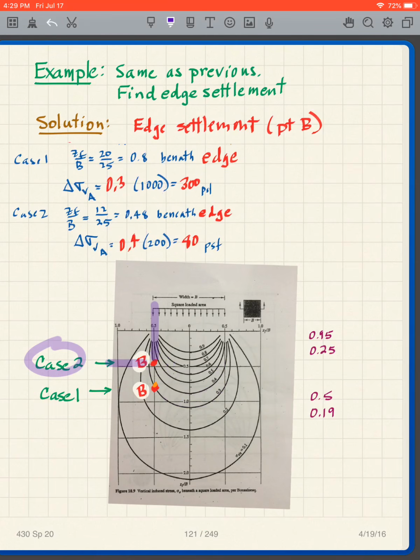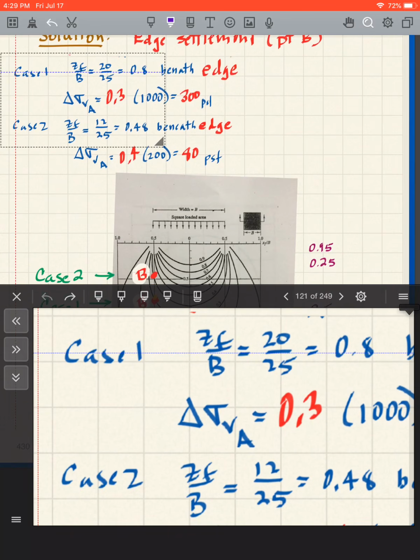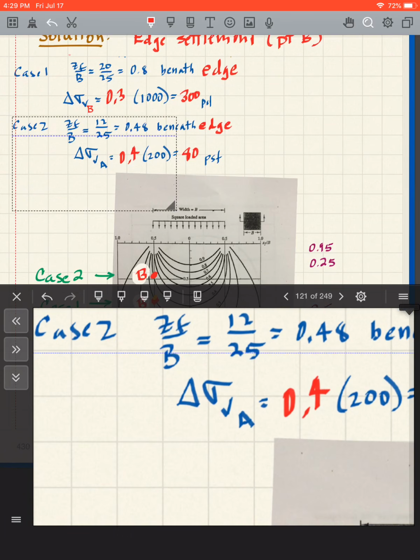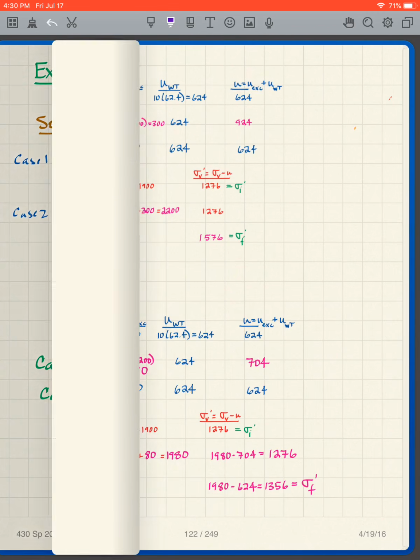There's actually a little bit of an error here, and this should read at point B. Okay, so our two numbers that are in our mind are 300 and 80: 300 psf for the first case, 80 psf for the second.